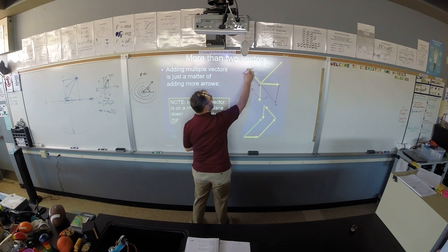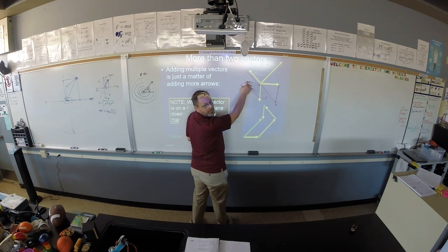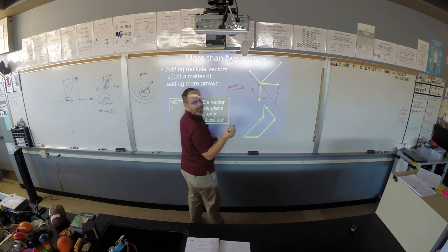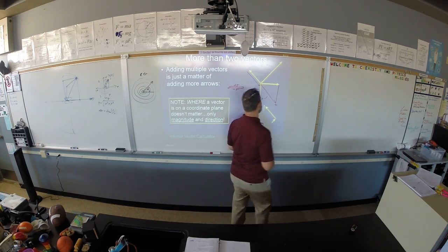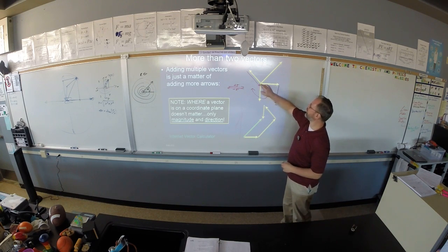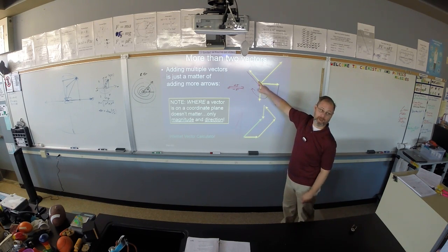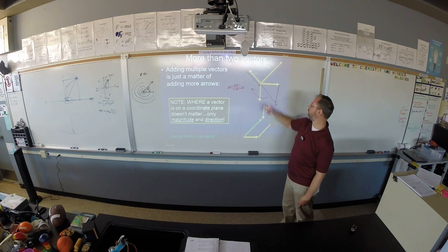So by adding head to tail, this vector gets canceled out by this vector. Kind of like on a number line, if you had +5 and you had a -5, they cancel out to 0. Yeah, okay. So that's what's going on. When all is said and done, these 2 vectors create a vector that exactly opposes that one. Those 2 vectors cancel out, and this is the one you have left.